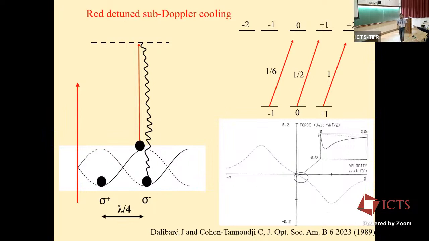No, it considers both sigma plus and sigma minus, and then they say that this polarization direction will rotate in space. Okay, it has both. Sisyphus cooling, polarization gradient cooling is the same.